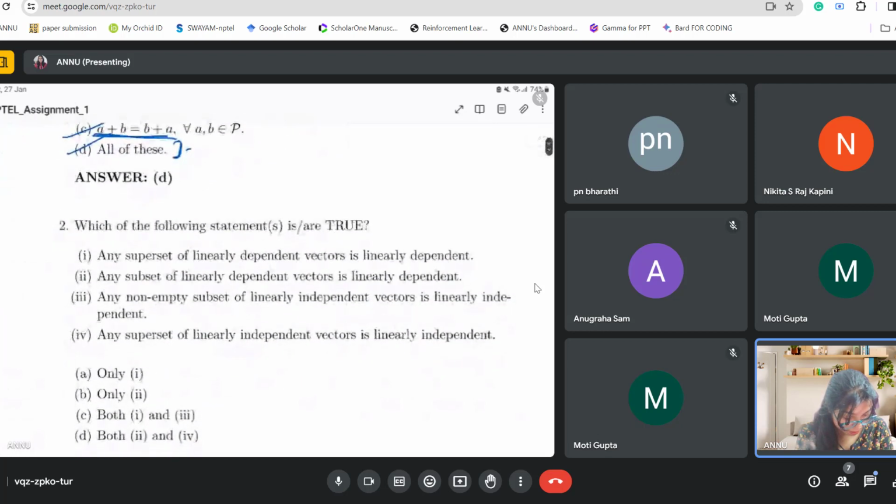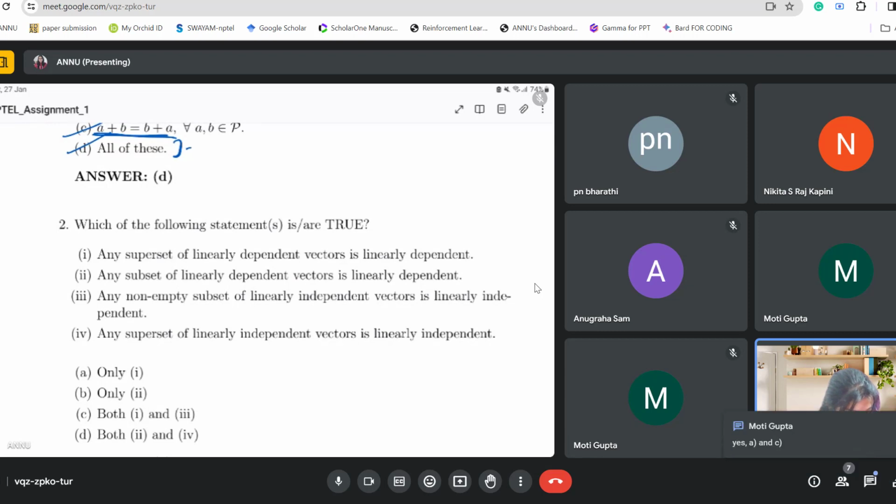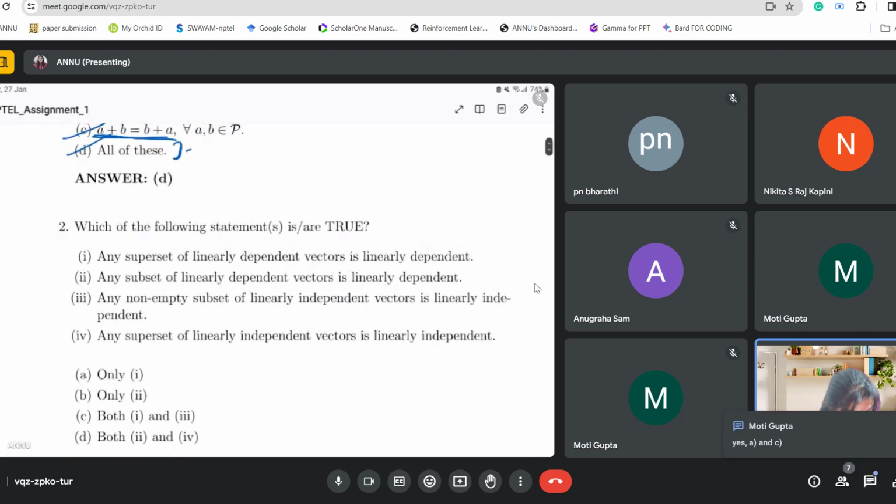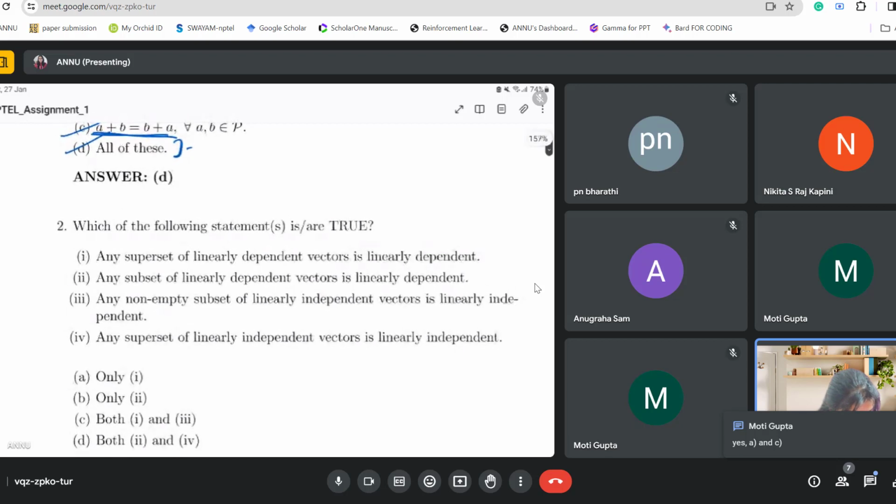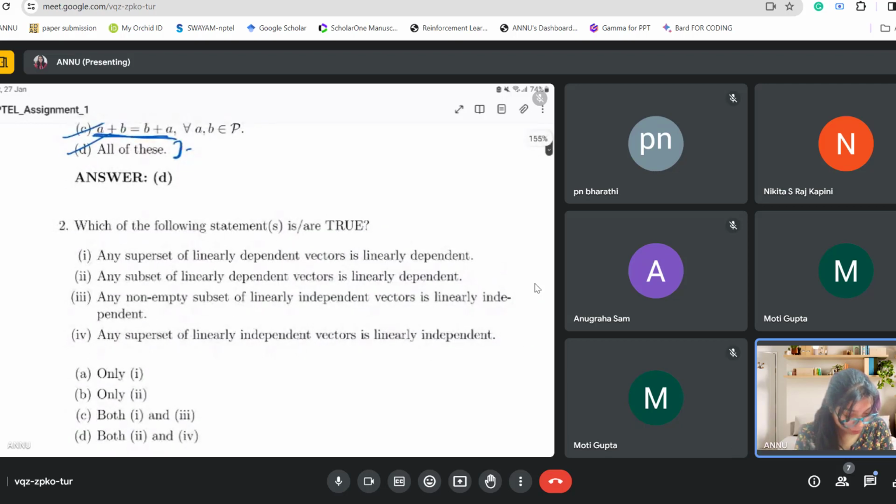So yeah, A, B, C, D: you have 1 and 3, both 2 and 4, only 1, only second. I know the answer. Who said 2 and 4? Tell me the analogy, how 2 and 4, Bharti.